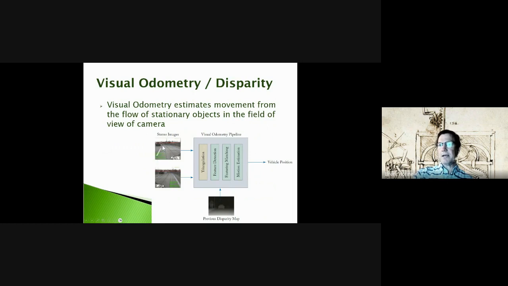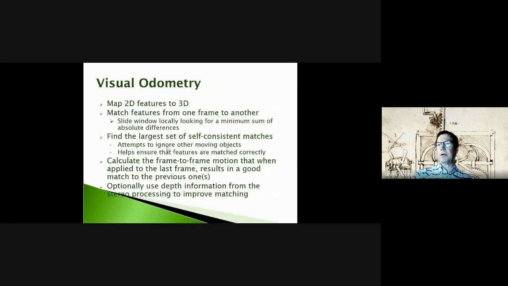So it's a physical object, some thickness of paint, and it should be considered a rigid body, right? And it shouldn't be torn apart, and so it should produce a self-consistent set of matching. Then once we're happy with that, we can calculate that frame-to-frame motion.